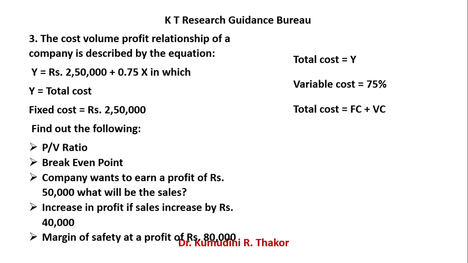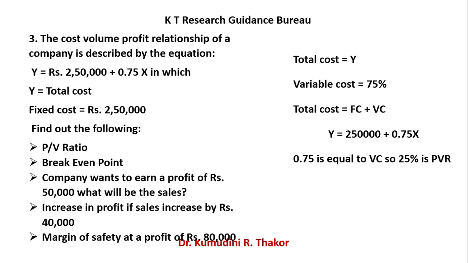So total cost equal to fixed cost plus variable cost, 2,50,000 plus 0.75x, where 0.75 is the variable cost. So your PV ratio is 25%.